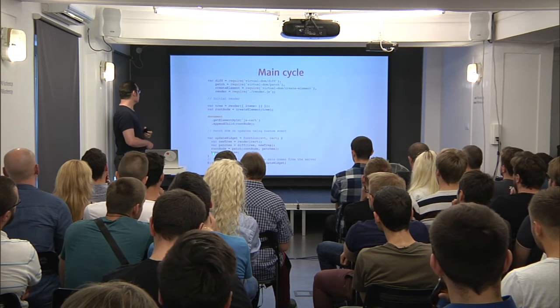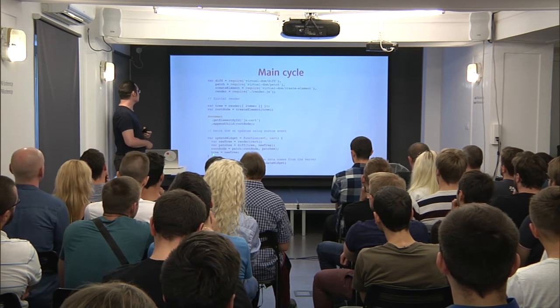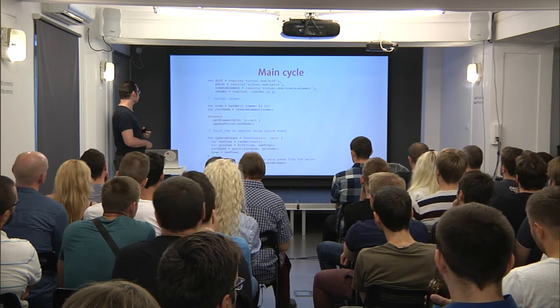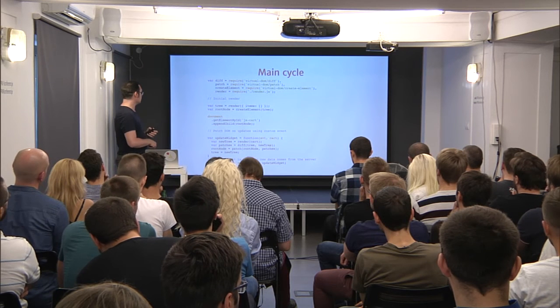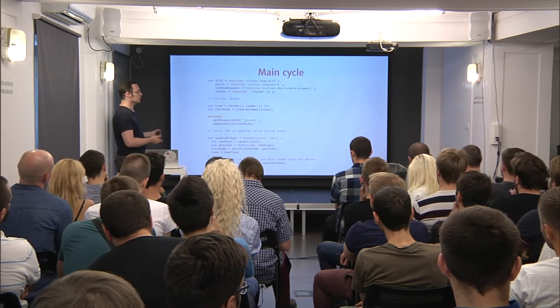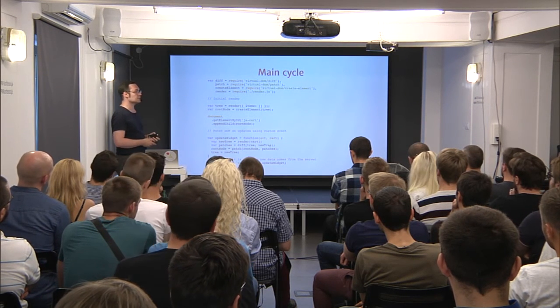And then we assign the new tree to the old tree variable to save it. So this variable is updated every time to store the updated render. And it goes around and around every time this event fires, essentially every time the server sends us new data.